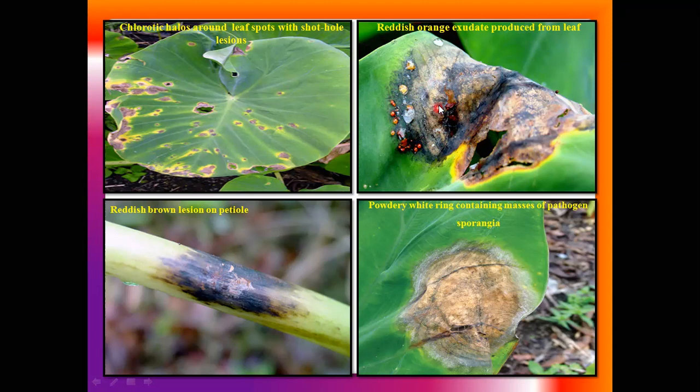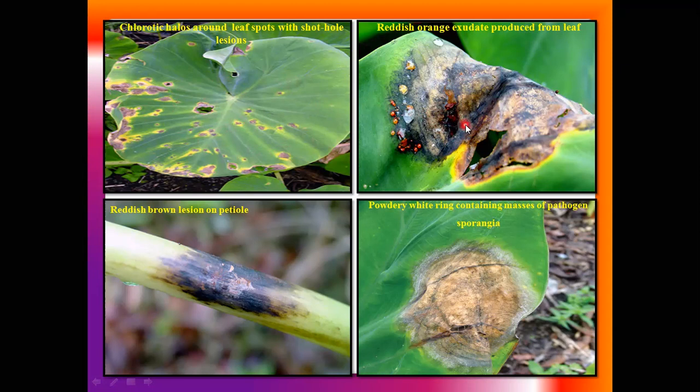Later on, this liquid substance dries and may form shot holes in the leaf. This shot hole symptom is generally seen on the leaf lamina of the infected leaf.